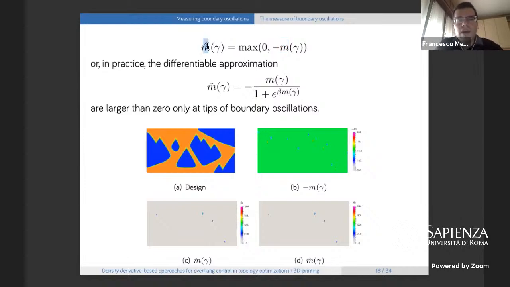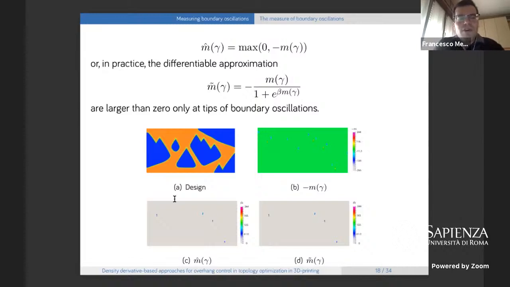We define this M hat, which will be 0 everywhere except at tips of oscillating boundaries. In practice, if we need sensitivities, we will equivalently use a differentiable approximation like this one here, which we call M tilde. And it is now easy to verify that this measure works as we hope.